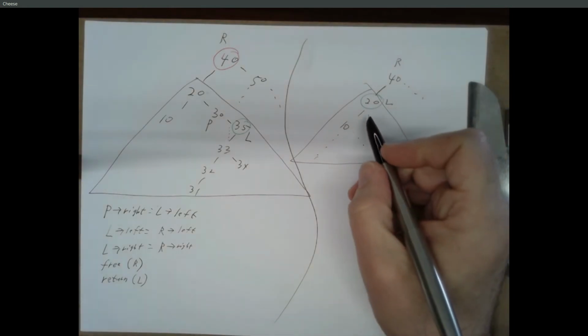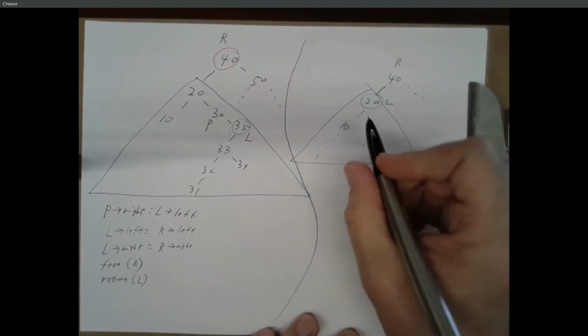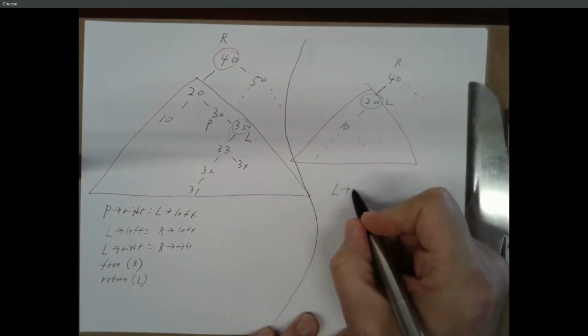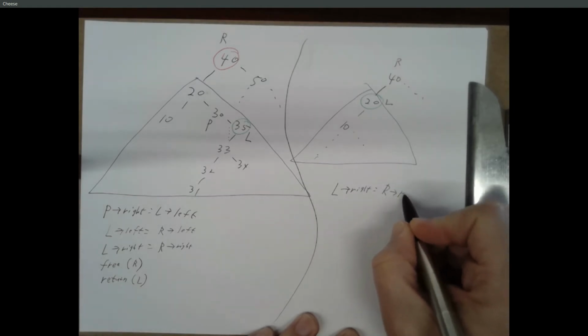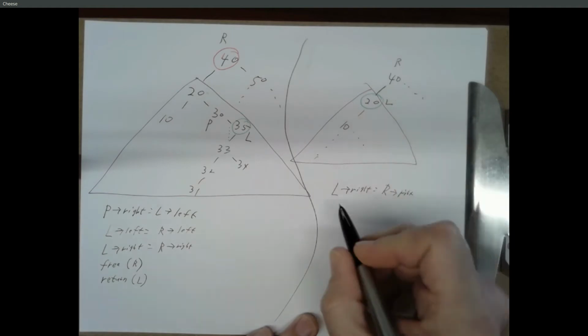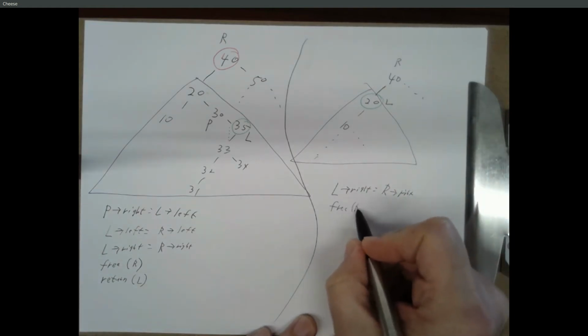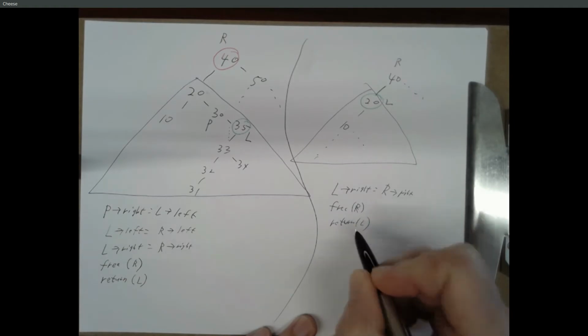We don't change anything on its left. It's got a bunch of stuff on the left. We can just leave that as is. Really all we need is largest right should equal root right. So now this is pointing to all of this stuff on the right. Free the old root, return the new root.